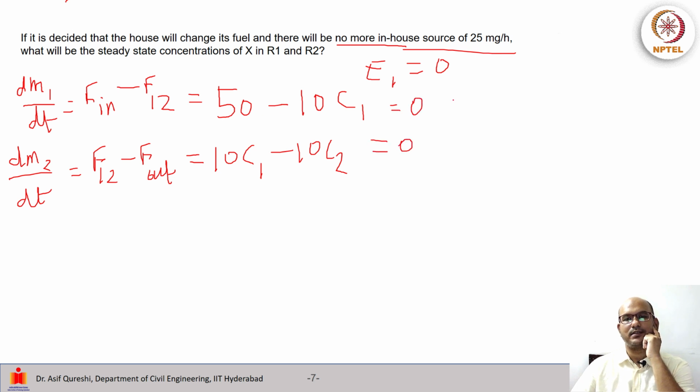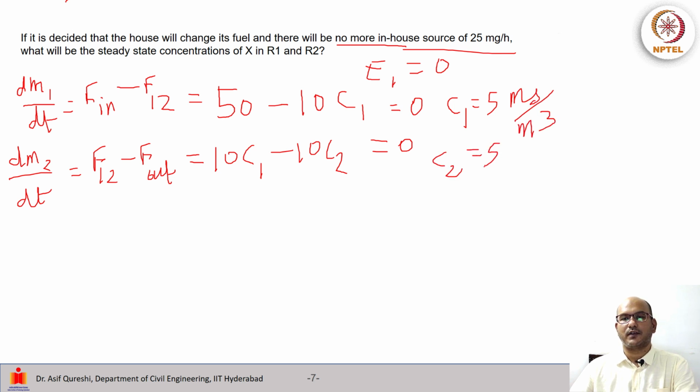So this implies C1 is equal to 5 milligram per meter cube, and C2 also is equal to 5 milligram per meter cube.